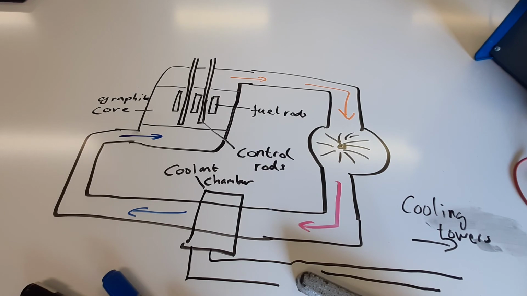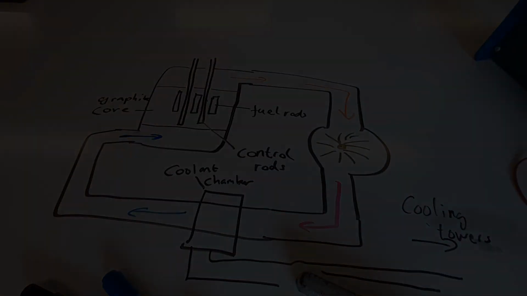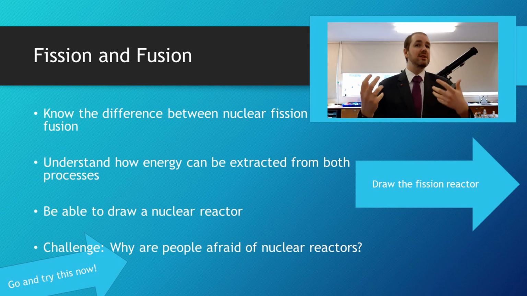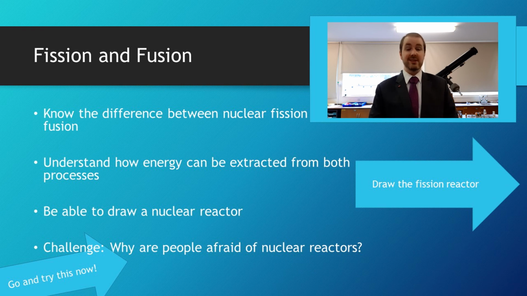So, there we go. Gosh, this is a long video. Let's see if I can edit it down. Okay, so you should now know the difference between nuclear fission and fusion, and it's basically one is the reverse of the other. So you should also understand how the energy can be extracted from both of these processes. It's not very complex. It's basically caveman logic here.